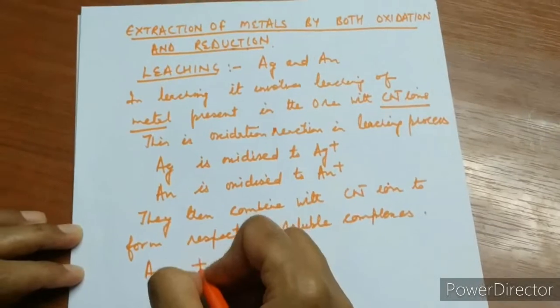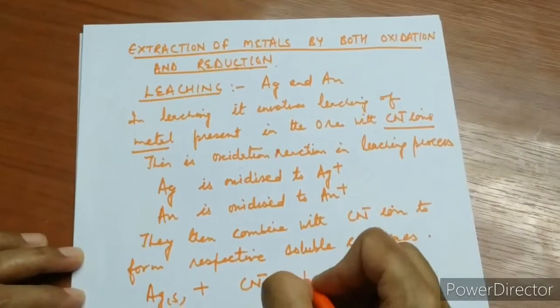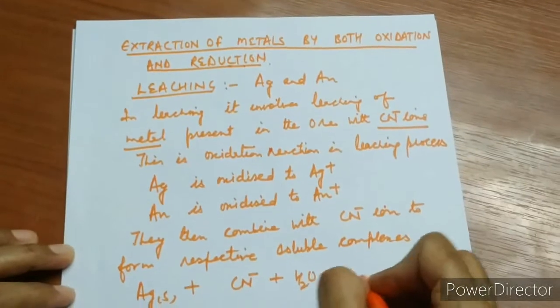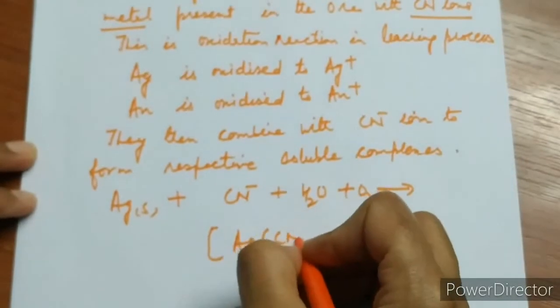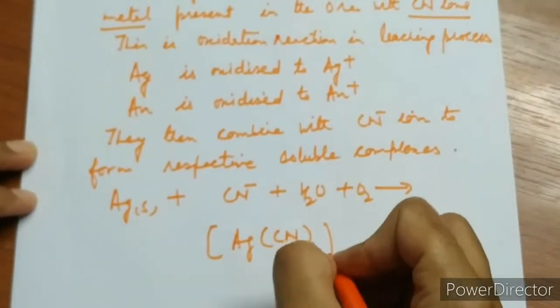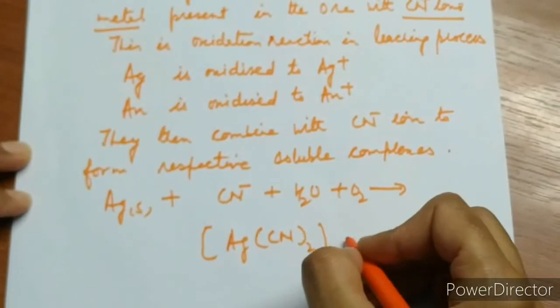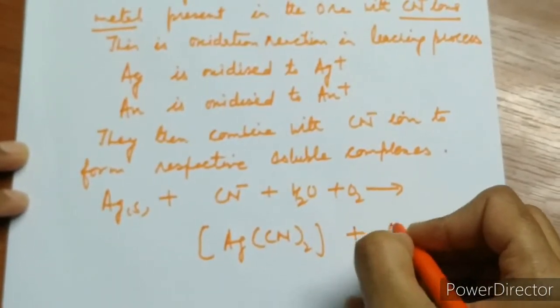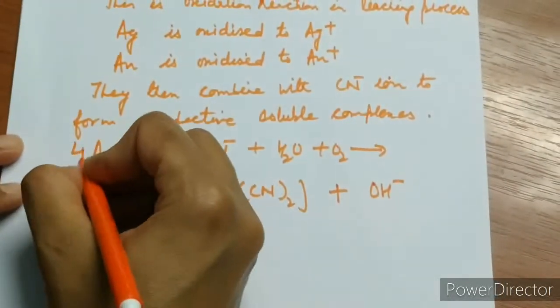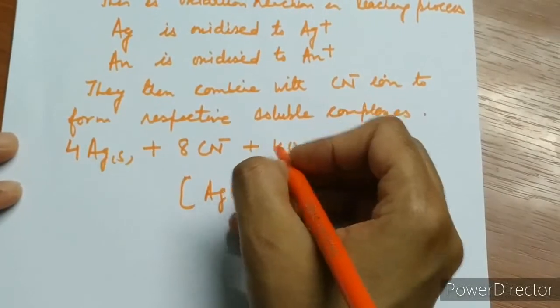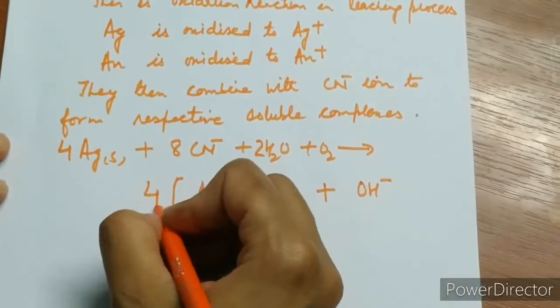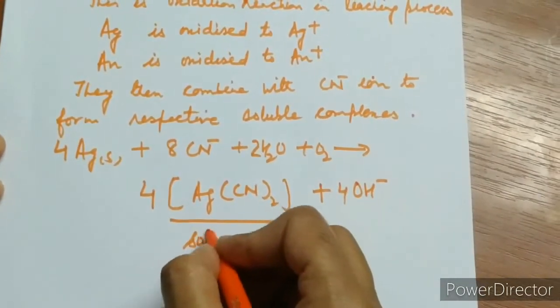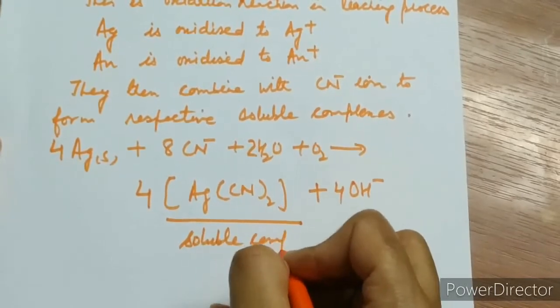Ag reacts with cyanide ions and it will form a complex. What is the complex? Silver cyanide will be the complex, and hydroxide ions. So this is the reaction. We have to balance the reaction. This is the complex which is formed by silver, and this complex is a soluble complex.